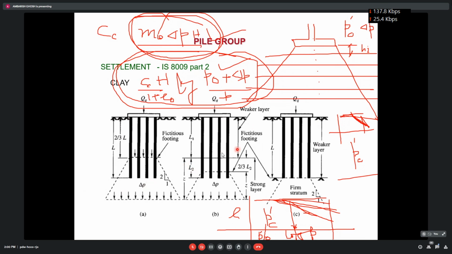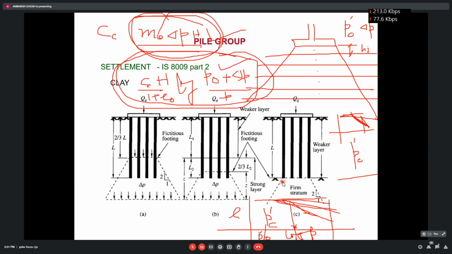Now if this is a soft layer and this is a strong layer, so after L1 suppose the strong layer starts, so at 2/3 of the L2 length, there we will put the footing. And in case the whole pile is resting on a weaker layer and just on a firm stratum, though practically it is not a good solution, we have to insert 3D into the firm stratum.